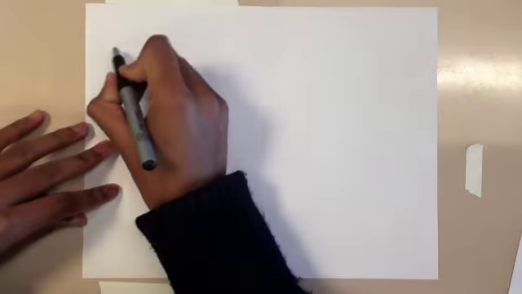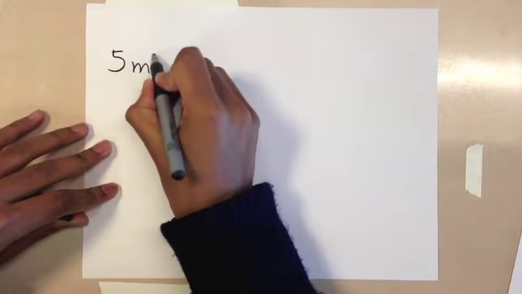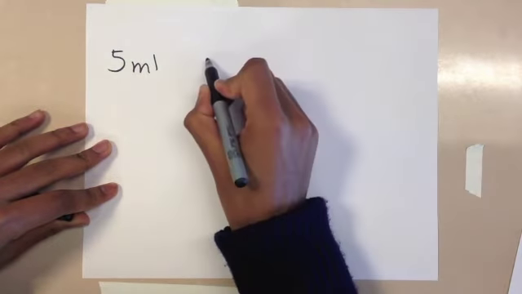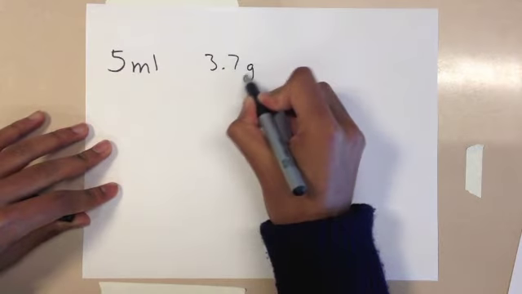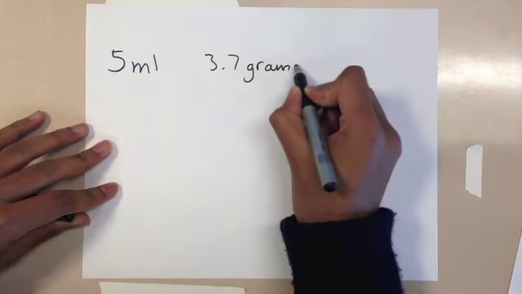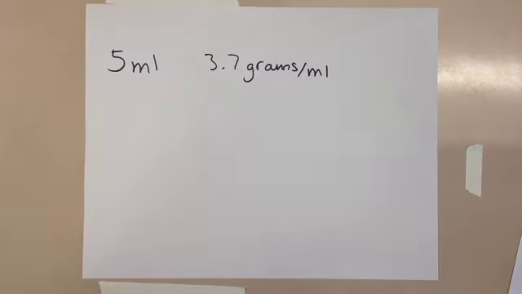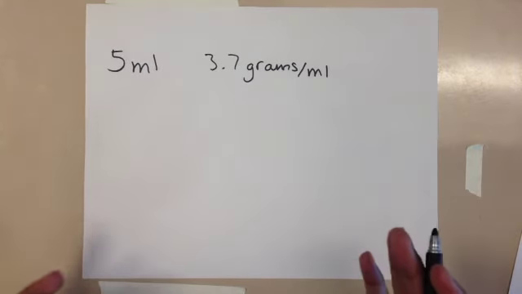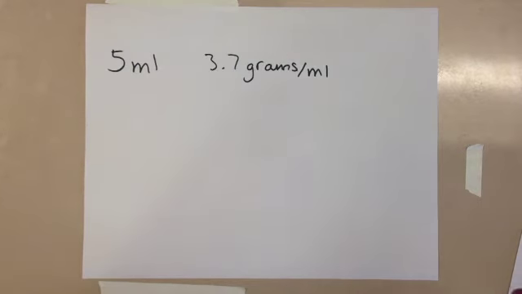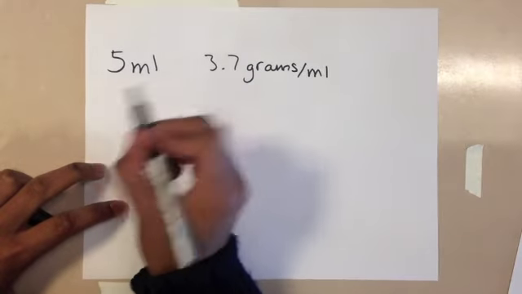Let's say I have 5 milliliters of a solution with a density of 3.7 grams for every 1 milliliter. Now we're going to try and find how many grams of solute or dissolved material are in this solution. Alright, so first let's begin with what we know.